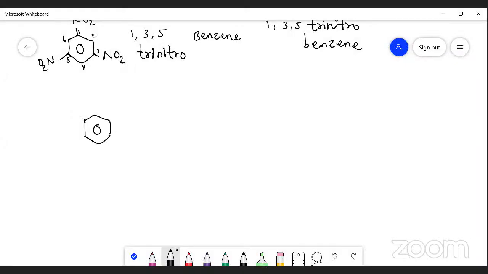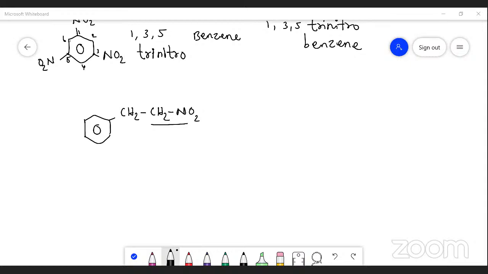Take a benzene ring. This benzene ring is added with CH2, CH2, NO2 like this. We know that CH3NO2 is nitromethane. In that nitromethane, one hydrogen is replaced by one phenyl group.